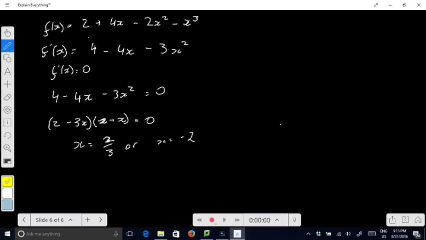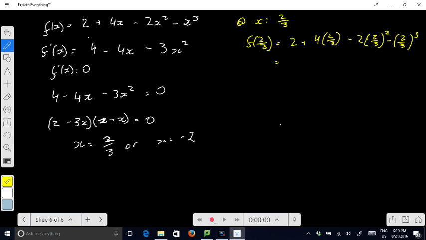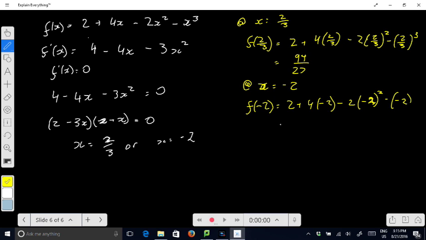And so I say when x is 2/3, my f(x), or f(2/3), is going to be 2 + 4 and so on, and solving that I get 94/27, and then at x equals -2, I get -6.